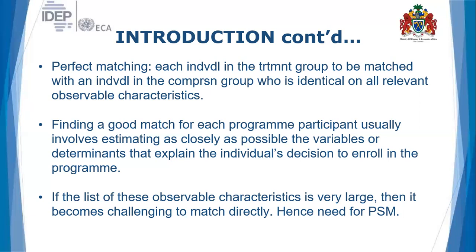This is where propensity score matching technique comes in, under conditions where the number of observable characteristics is very large, such that it will be difficult to match directly the treatment group individuals and the individuals in the comparison group.